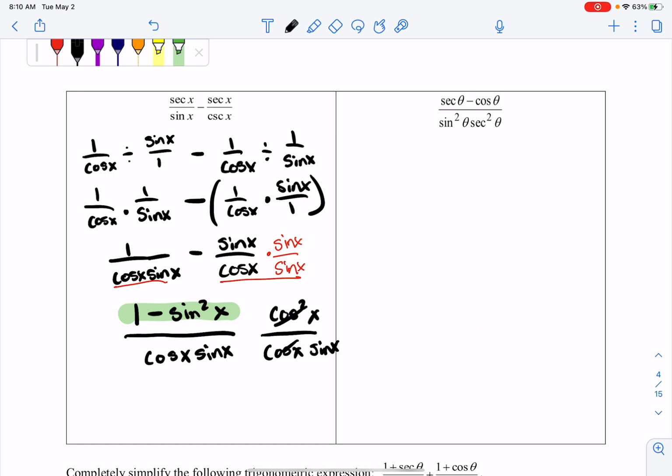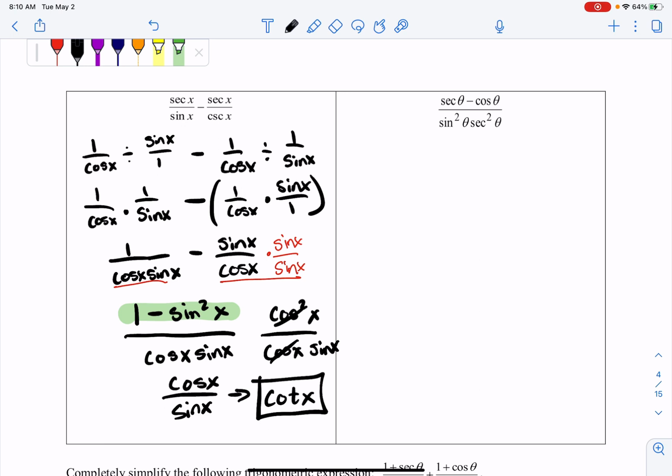Well, one of these cosines is going to cancel out, and we're left with cosine x over sine x. Well, we want a singular trig function, so we're going to convert that just to cotangent of x, because cotangent is cosine over sine. Theta, of course, involved.